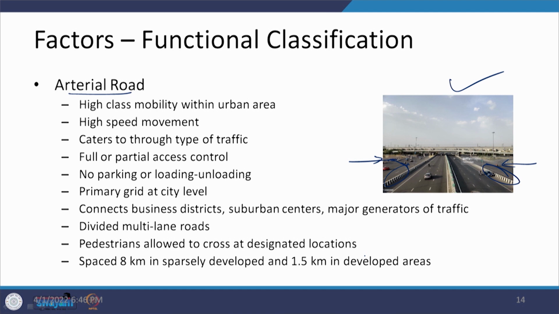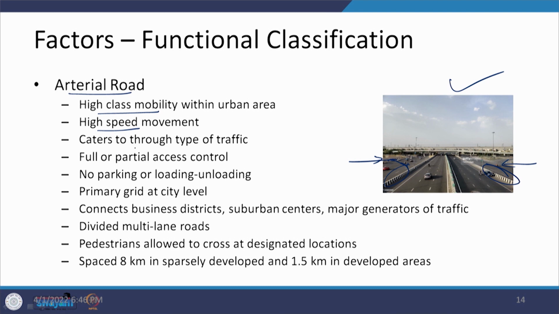That allows you to create high-speed mobility, maybe something like 60 or 70 or 80 kilometers per hour. Again, when we take up the design speeds, we will come back to this aspect.